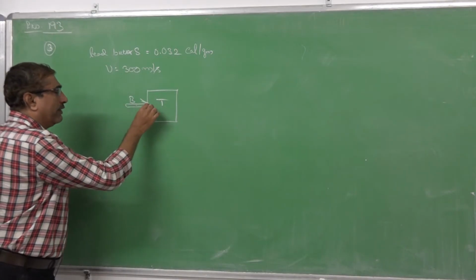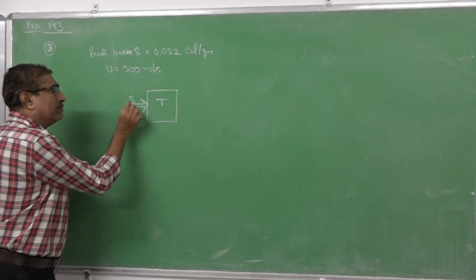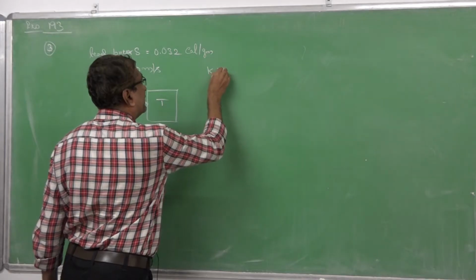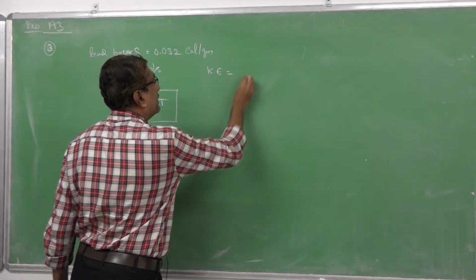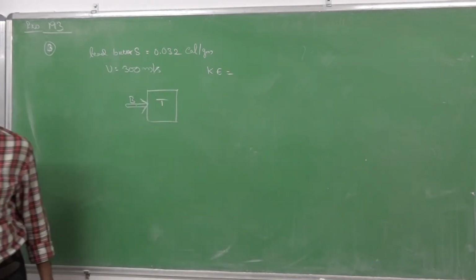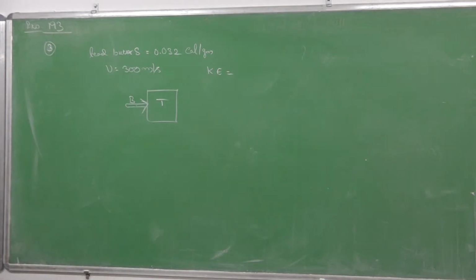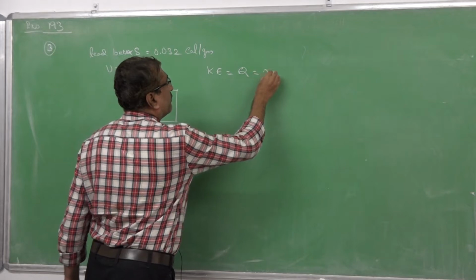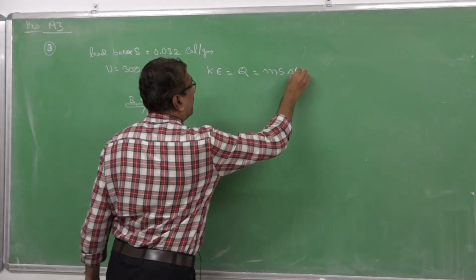Here we have to find the rise in temperature of the bullet only. The kinetic energy is converted into thermal energy Q, which raises the temperature: ms delta T.